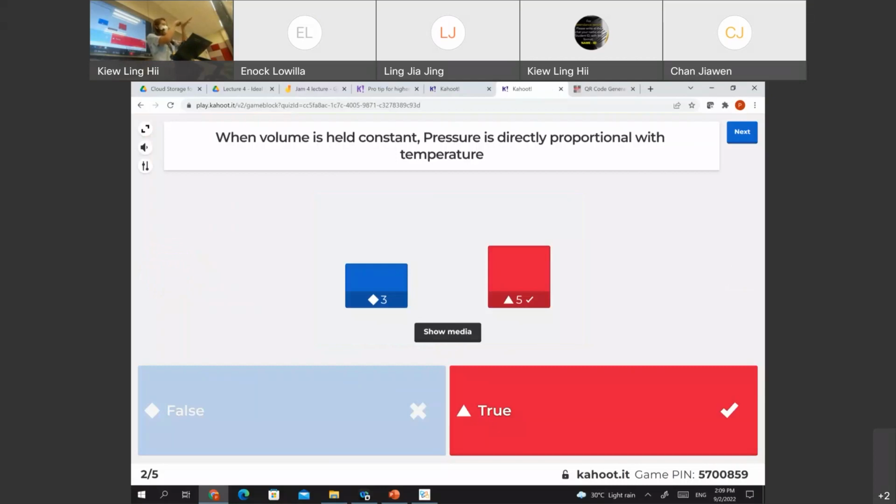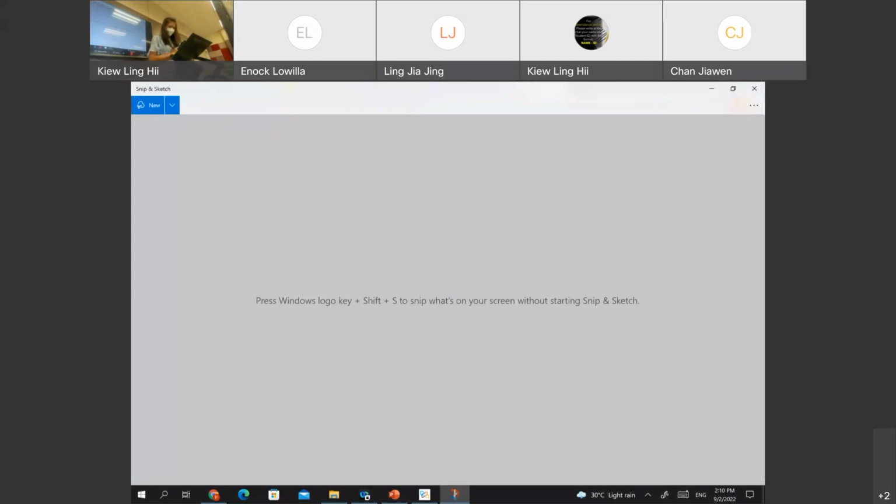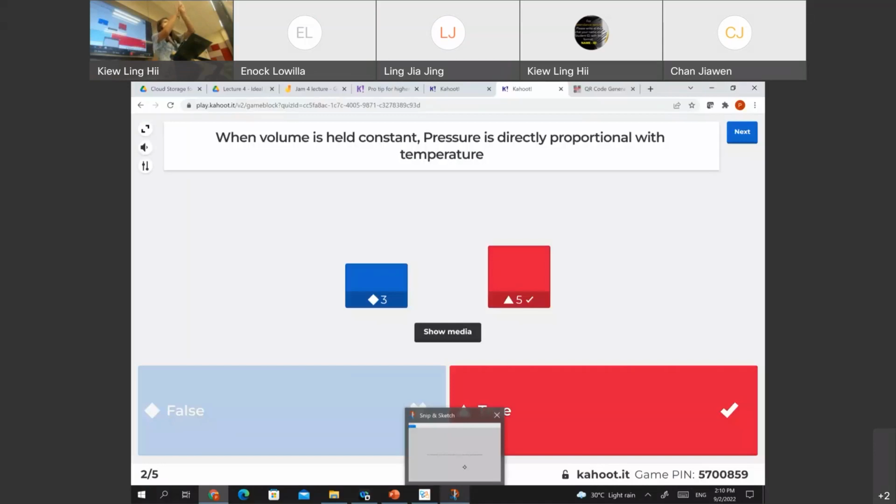From your PV equals nRT, when V is constant, comparing P and T, an increase in T, what will happen to P? P also increases, right? So that's why they are directly proportional.